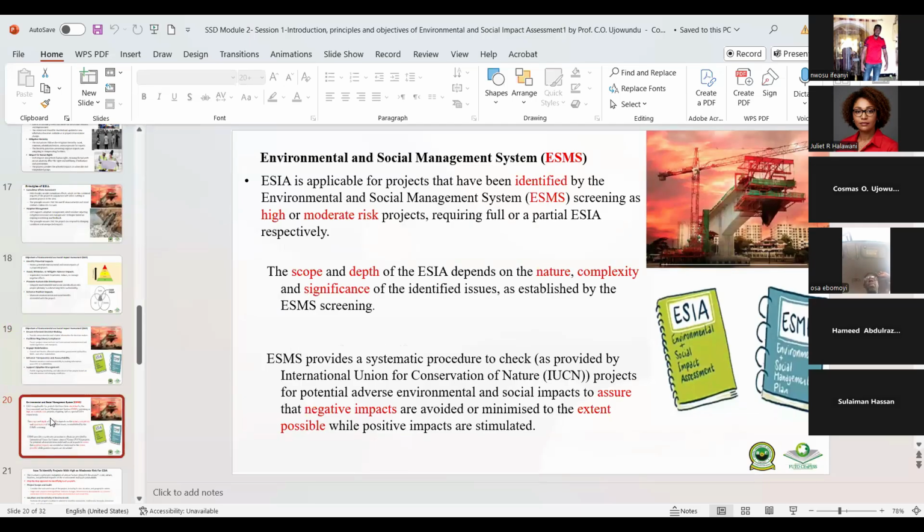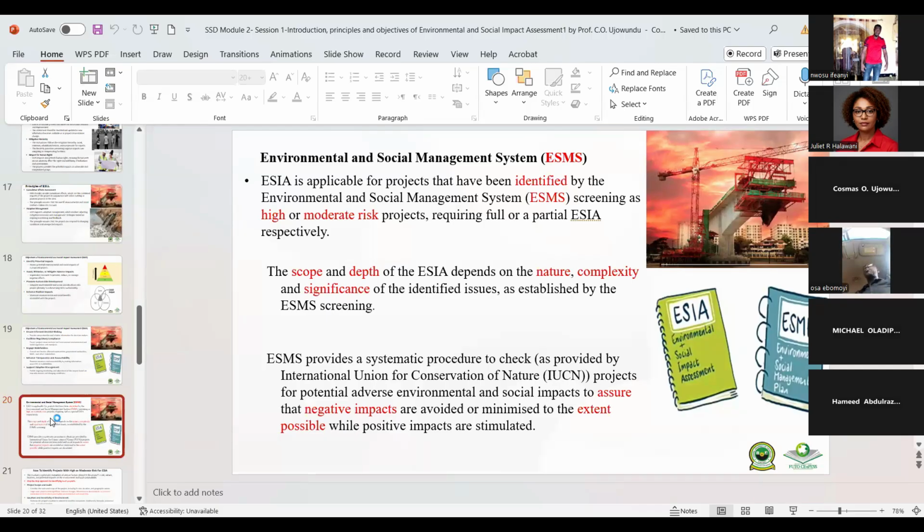Then we look at what we call ESMS. Remember we said that projects tend to identify social and environmental impact. So ESMS is what we call the environmental and social management system. This helps in screening, in trying to discover those projects that have high or moderate risk. So what does it do?